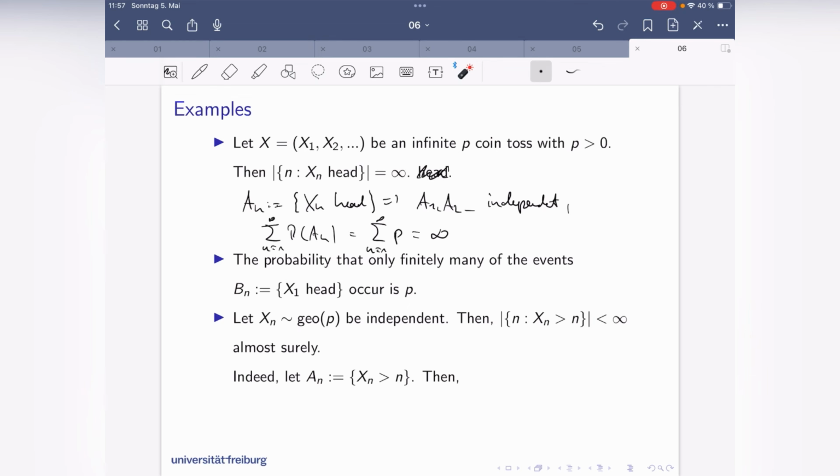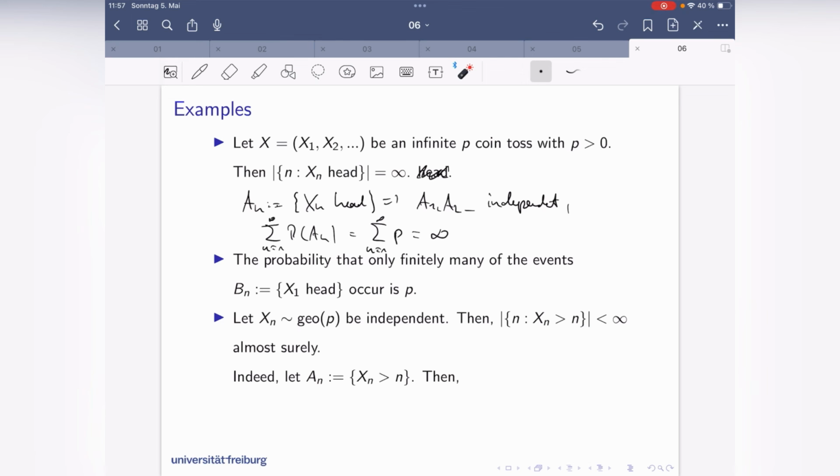Next example here. It's important in this calculation that the events are independent, because I could, for example, say here B_n is the set that X_1 is heads for all n. So either B_n occurs for all n or for no n, because it only depends on what X_1 is.